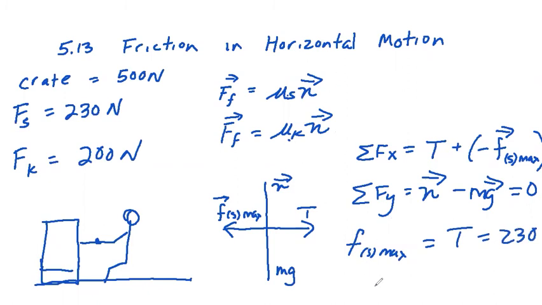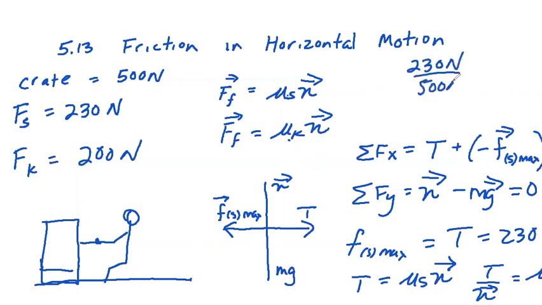And we've defined that as mu S times N, so Fs max equals mu S N. So T over N is going to equal mu S. And now N is going to be equal to mg, which is 500 newtons. So we've got 230 newtons over 500 newtons equals mu S equals 0.46. And note that is a unitless quantity.